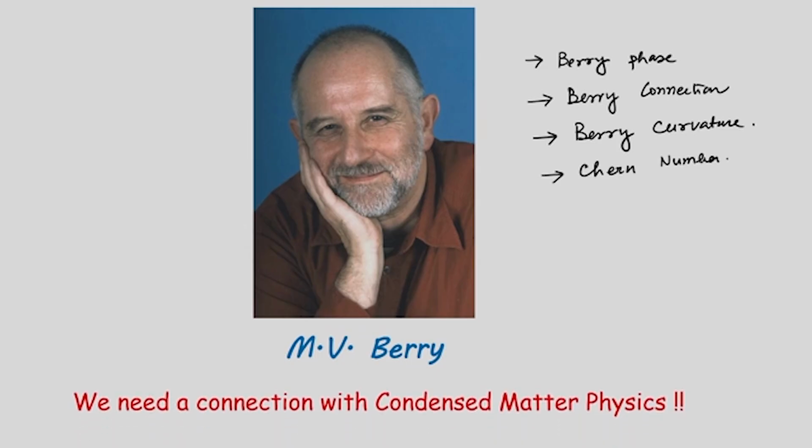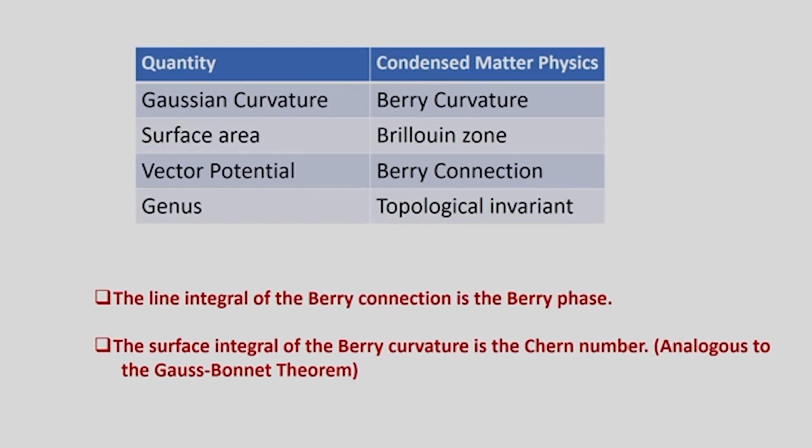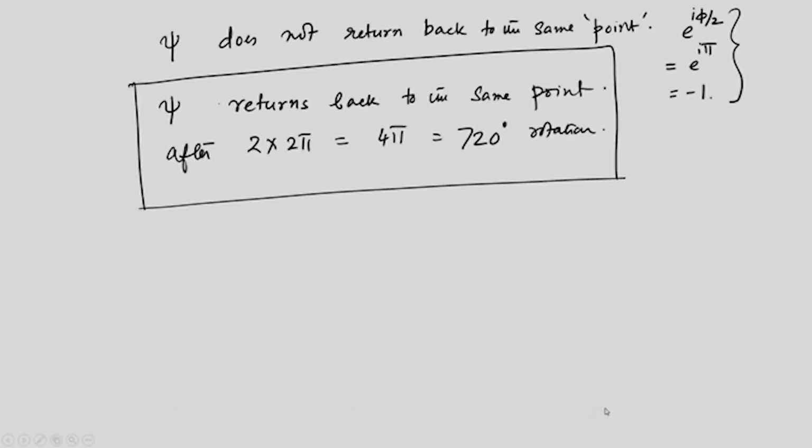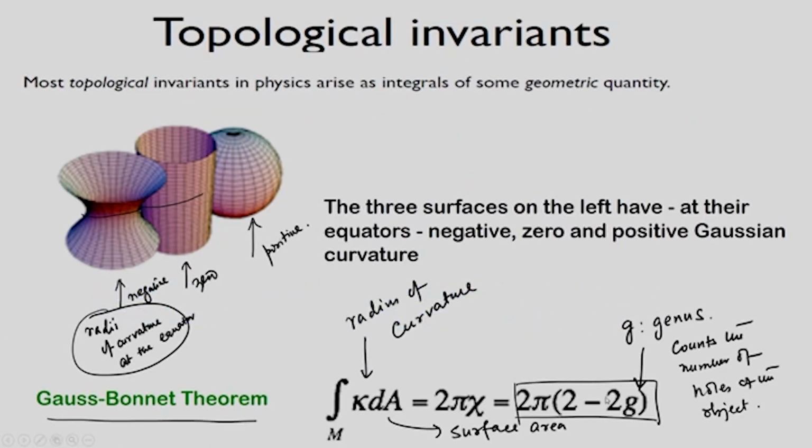All right. So, let me see how the connection comes about, armed with all these quantities such as Berry phase, Berry connection, Berry curvature and Chern number. Okay. So, I just repeat what has been said, that the Gaussian curvature is analogous to the Berry curvature in condensed matter physics. The surface area, this is something very important, what is the surface area that you talk about here? This surface area in condensed matter physics is nothing but the Brillouin zone.